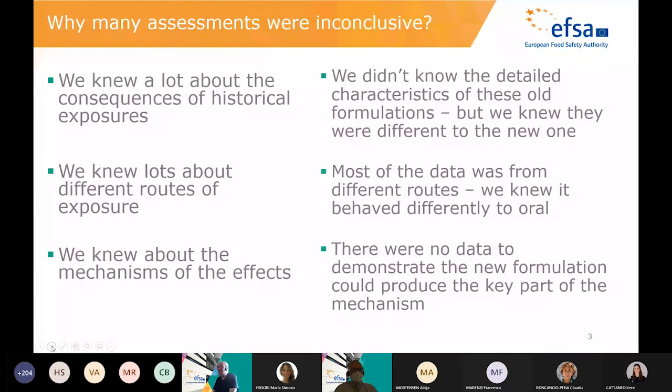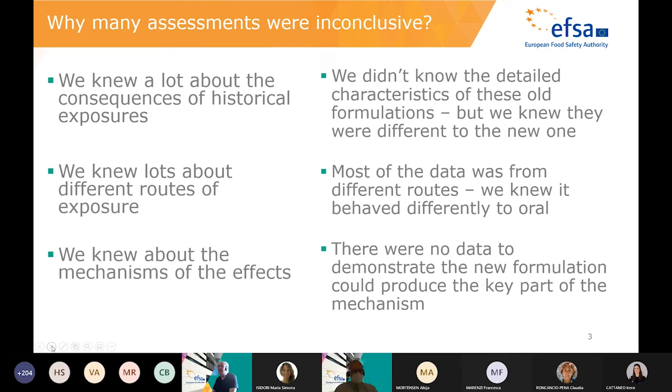But more importantly, we knew something about the mechanism of its effects. This material, we knew how it worked. We had some mechanistic insight. Clearly, what we didn't know was the detailed characteristics of the old formulations. But critically, we knew they were different to the new one.